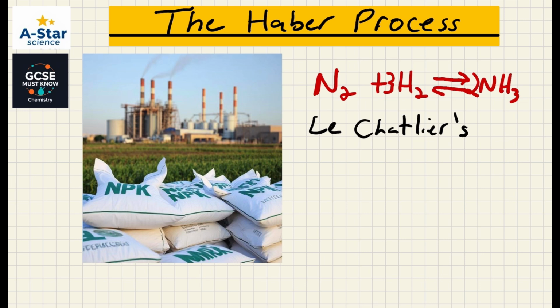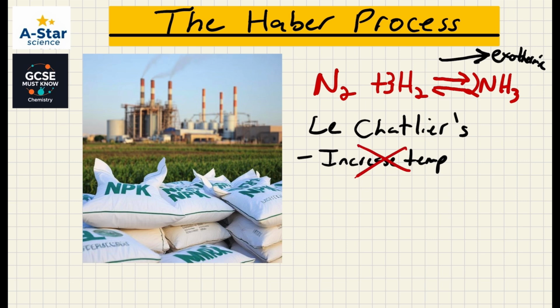So let's first look at the temperature. We know that if you increase temperatures, that normally results in a faster rate of reaction. But this reaction is an exothermic reaction.